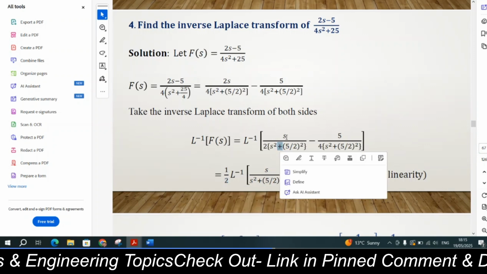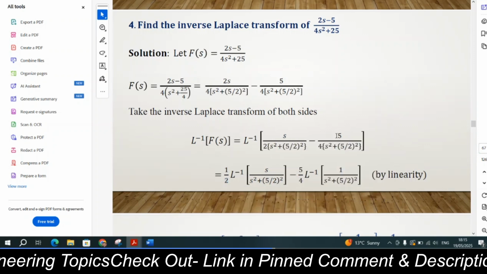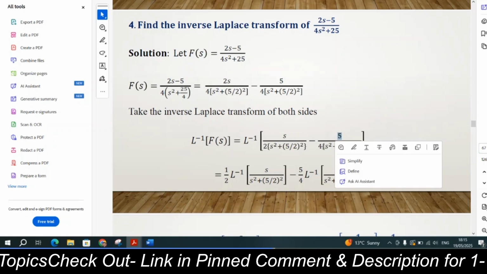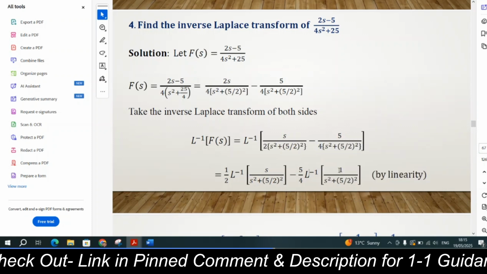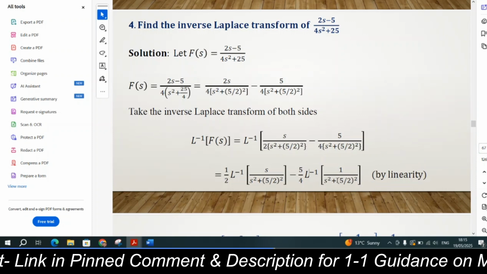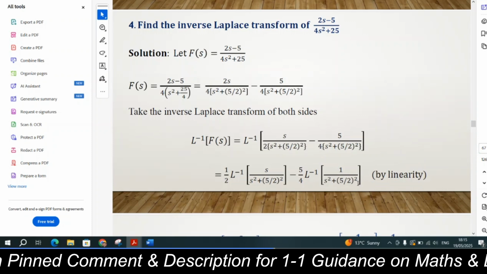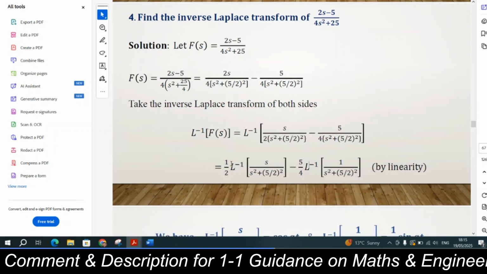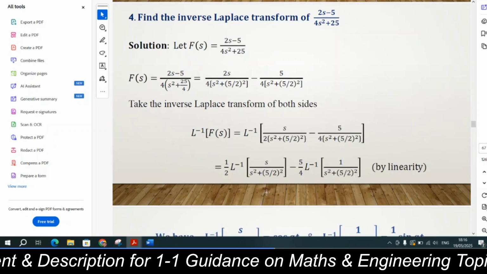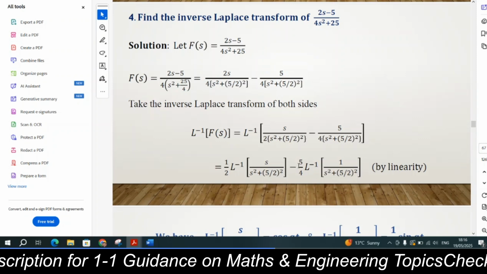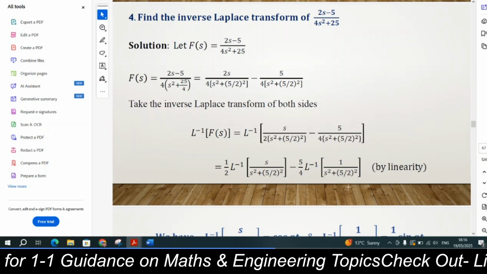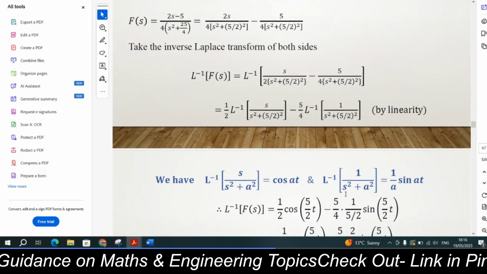After you have done that, it was 2s, so 2 and 4 come out, and it has become half over here. Then s upon s square plus 5 by 2 the whole square. It is a plus in the denominator and it is s in the numerator, so this has to be a cos function. On the other side, you have 5 by 4 coming out. You have a constant on top and a plus sign, so this will be a sine function with the constant coming in the denominator separately.